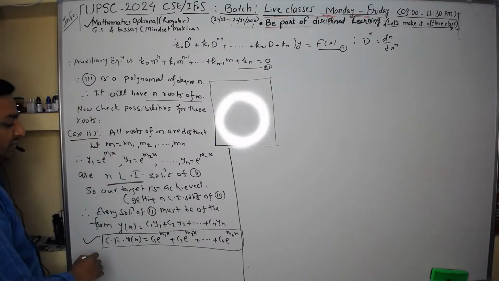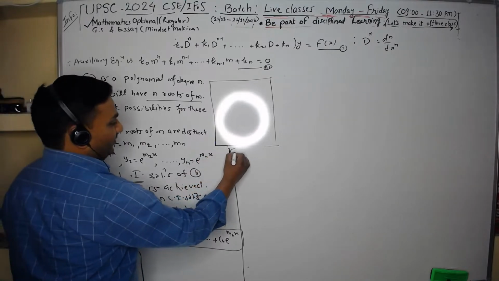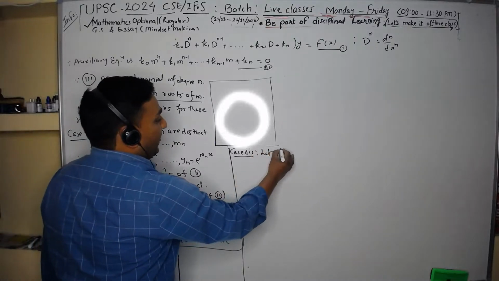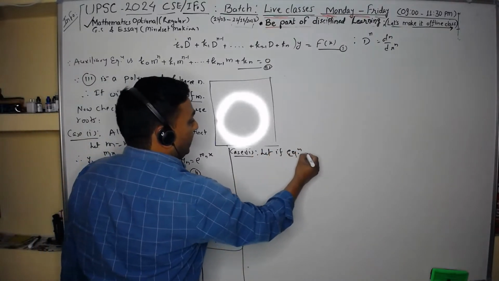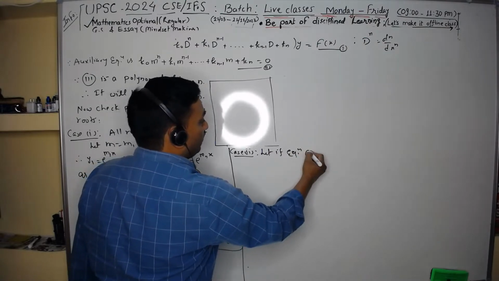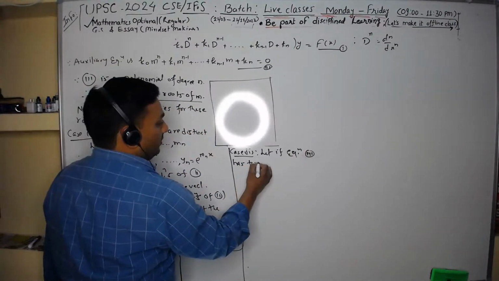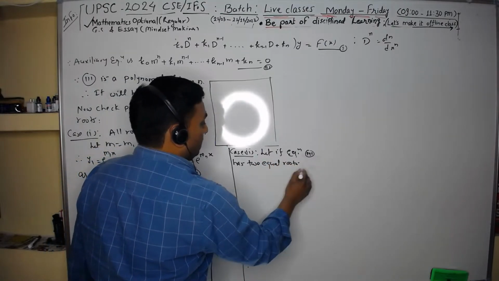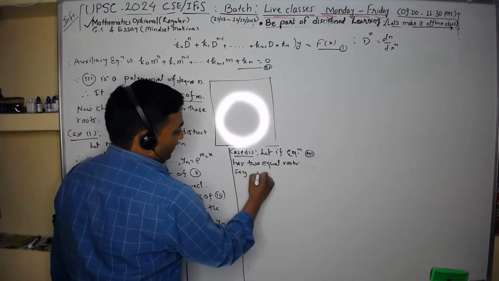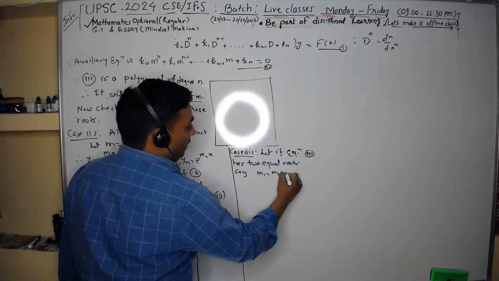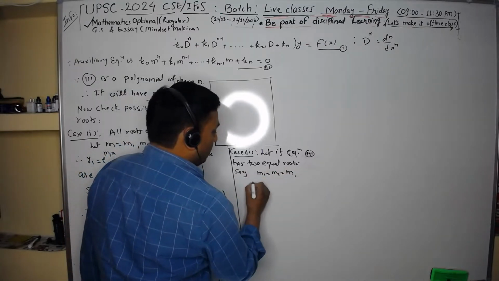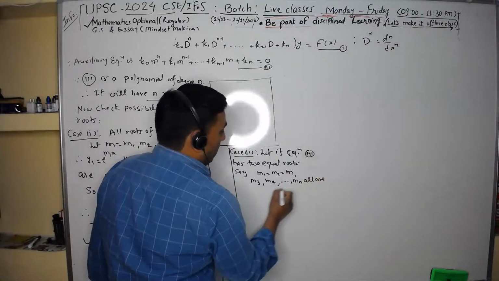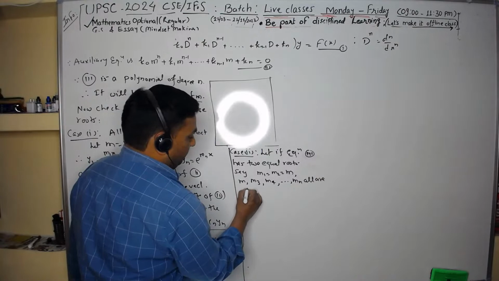Let's see, what is the case 2 possible? Tell me. Let equation 3 have 2 equal roots, say m1 equals m2 equals some m, and m3, m4, ..., mn are all distinct.